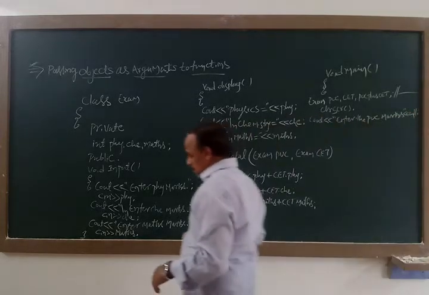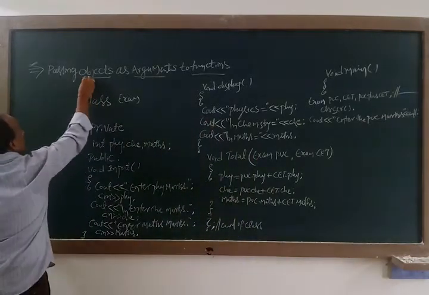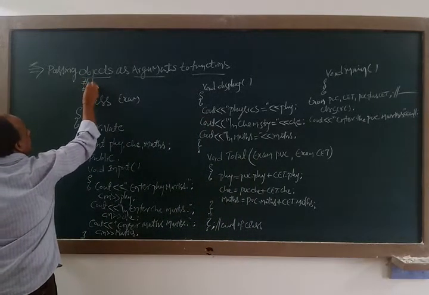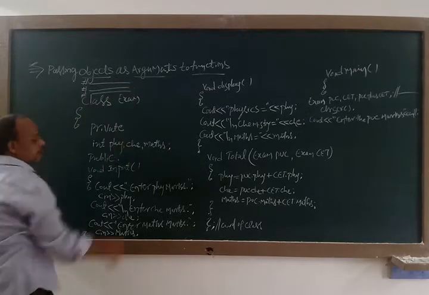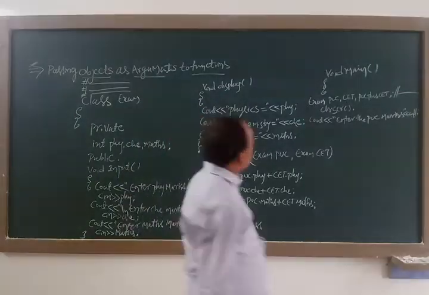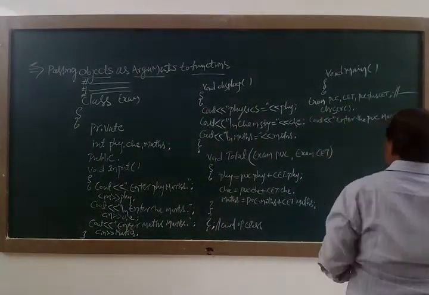So here what I forgot to write? Header files, right? iostream.h, conio.h, iomanip.h, right? So enter the PUC marks.